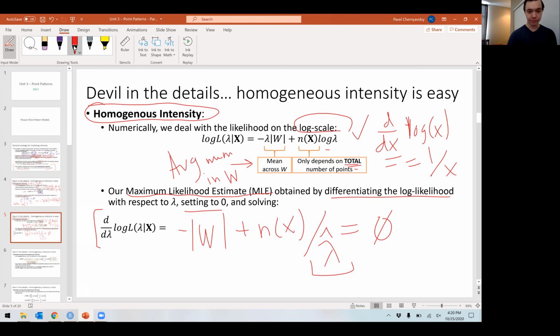So add the area of our window to both sides. All right. And now I'm going to multiply both sides by the thing we're trying to find. So I get n.